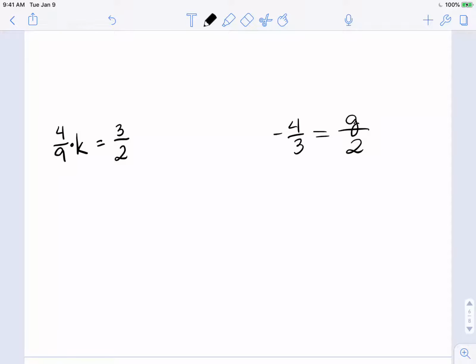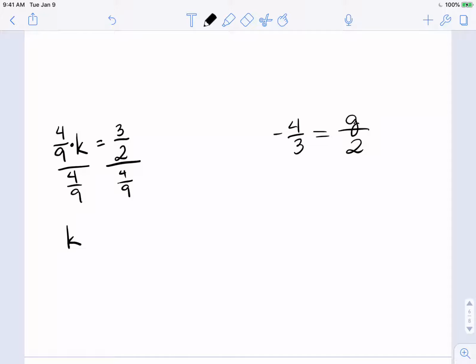So to isolate k, we are going to do the opposite of multiplication and divide by 4/9. So now, what do you multiply by that is the same as dividing by a fraction? You multiply by the reciprocal.